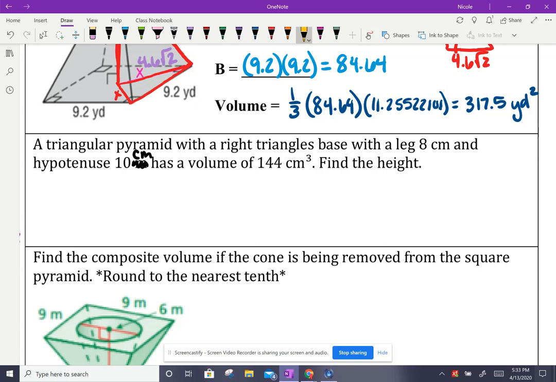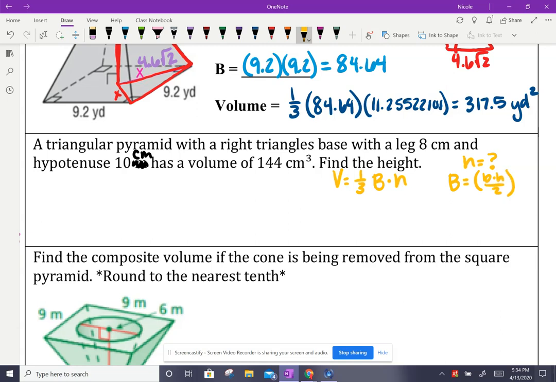For the volume of a pyramid, just a reminder, volume is equal to 1/3 times the base, which is a triangle, times the perpendicular height of the pyramid. That's what we're trying to find, the h. Since the base is a triangle, it's base times height over 2.